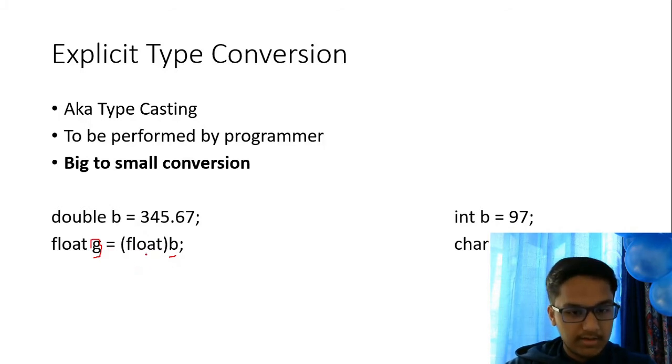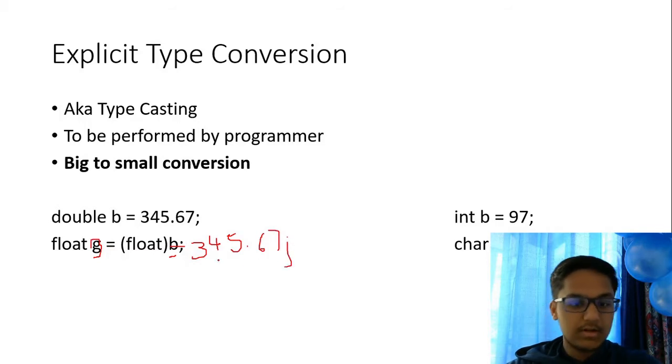Another way of writing this would be float, and instead of writing b we can also write directly 345.67. You can write float parentheses and then the particular double or anything else which is larger than float, which is only double in this case. So we'll convert the double b into its float equivalent.